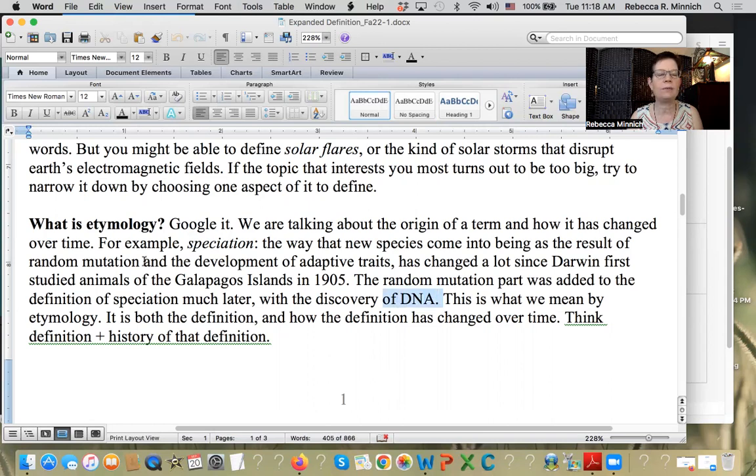And the random mutation of DNA chains is part of this. It is central to this. So sometimes an adaptive trait can be the result of a gene mutation. Darwin didn't know about genes, right? So if you choose this as your topic, you would have to cover some history so that we understand how the word has changed over time.